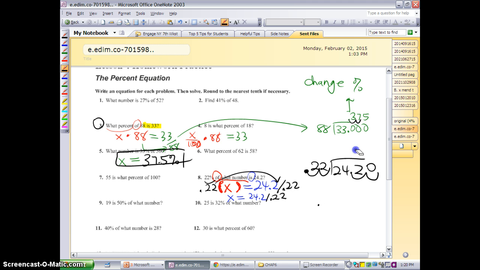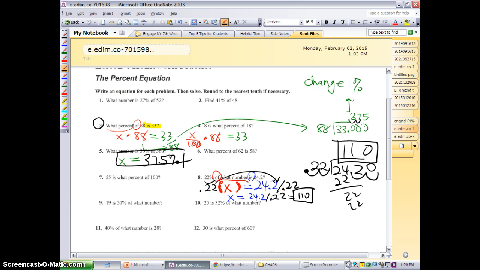So the number that I should get actually is 110. So the number is 110. I thought that was really odd. So that's number 8. So my x is equal to 110.